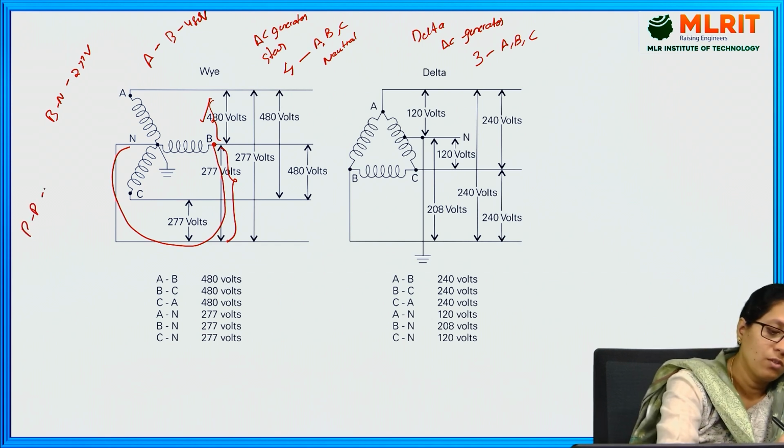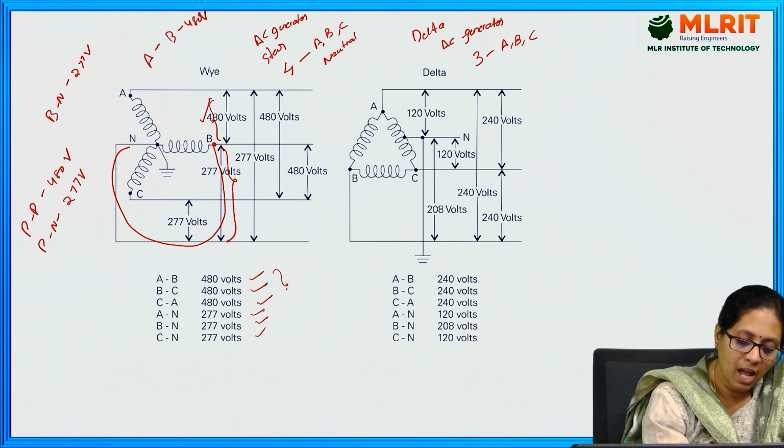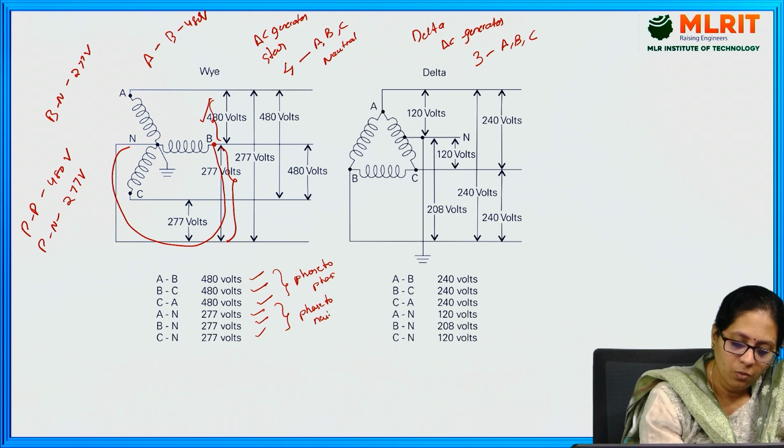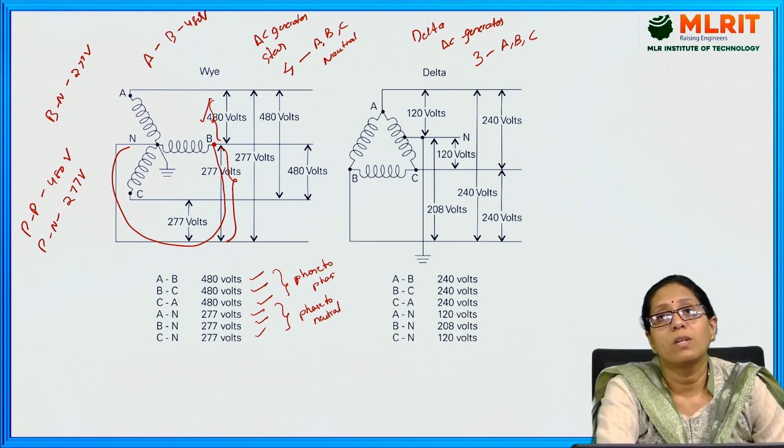Phase to phase voltage is 480. Phase to neutral voltage is 277 volts. A to B, B to C, C to A, A to N, B to N. These 3 are phase to phase voltages. These 3 are phase to neutral voltages. So here you can see the diagram, star as well as delta, and the different phase to phase as well as phase to neutral voltages from an AC generator.